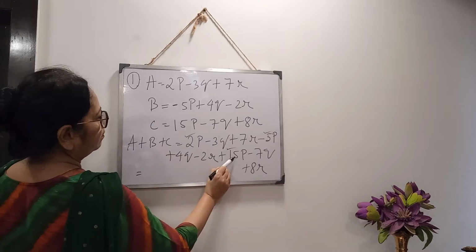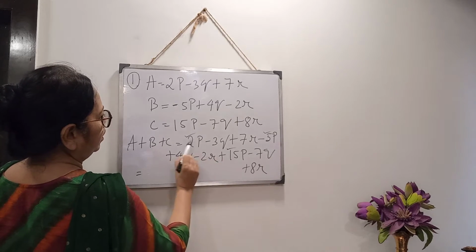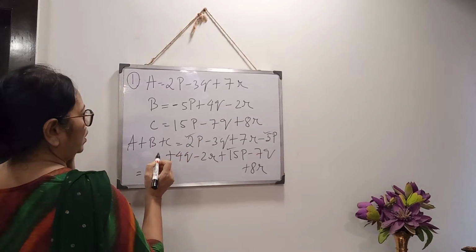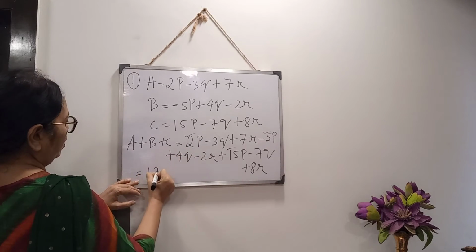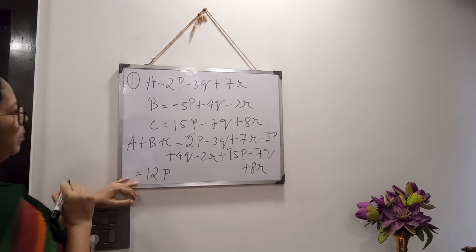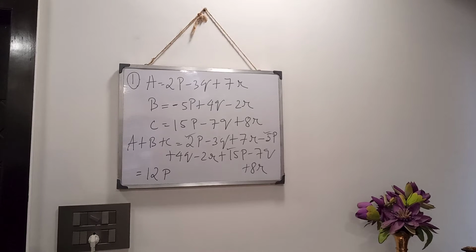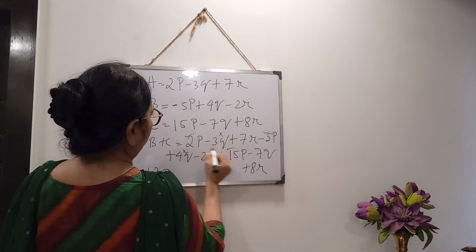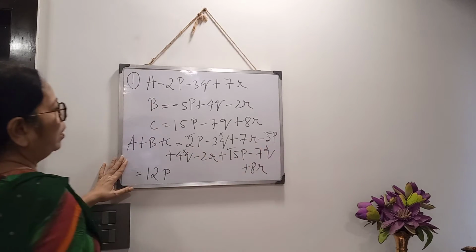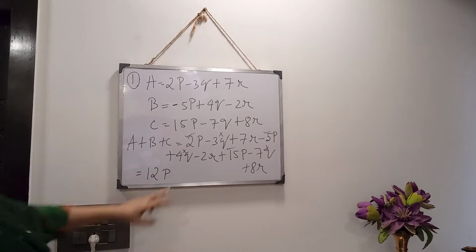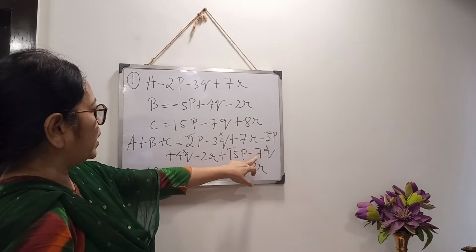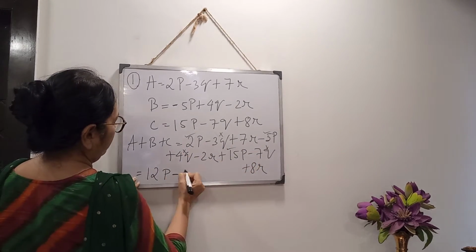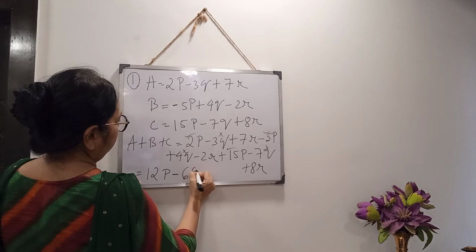Now 15 plus 2 is 17p, 17p minus 5p, 17 minus 5, that means 12p. Over, then q, there is q, there is q, there is q. So minus 3 minus 7 is minus 10 and plus 4, so it will become minus 6q.